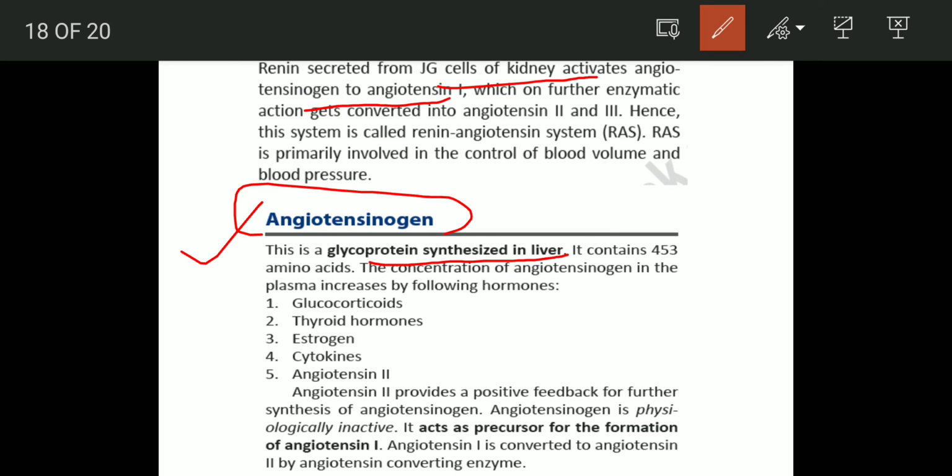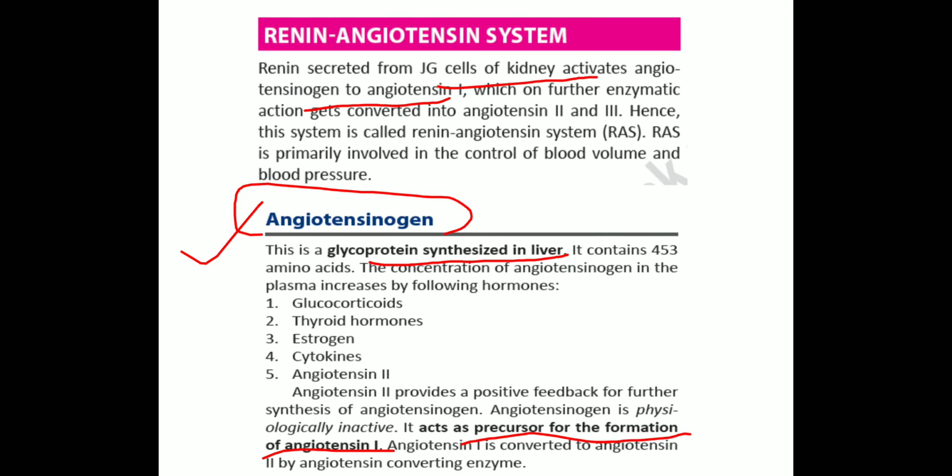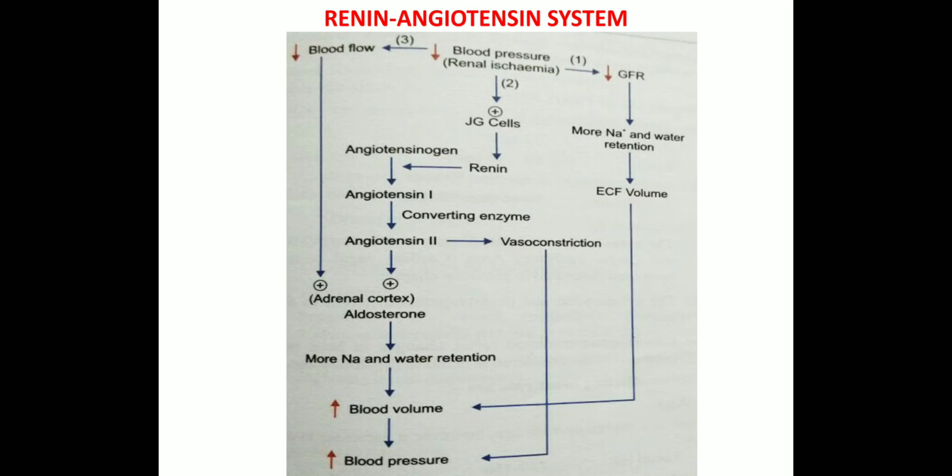Remember that angiotensinogen is basically converted into angiotensin 1 and then angiotensin 1 to angiotensin 2. This is secreted from the liver, and there are a total of 7 forms of angiotensin. This will act as a precursor for the formation of angiotensin 1. This angiotensin 1 is converted to angiotensin 2 by the angiotensin converting enzyme. So I'll be discussing this.